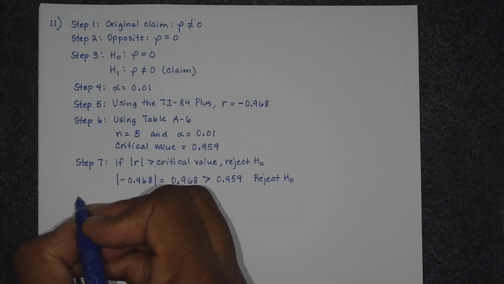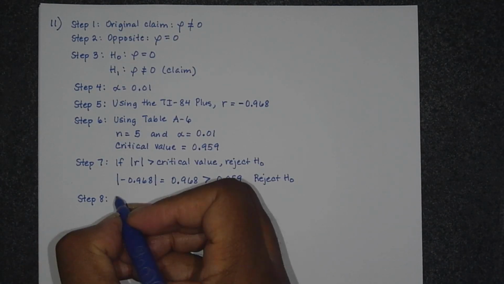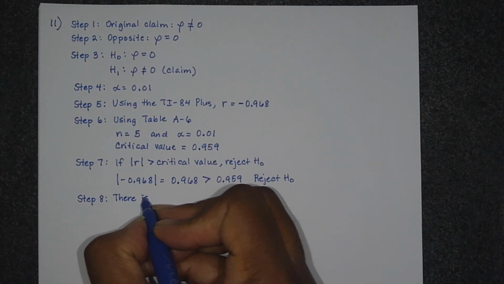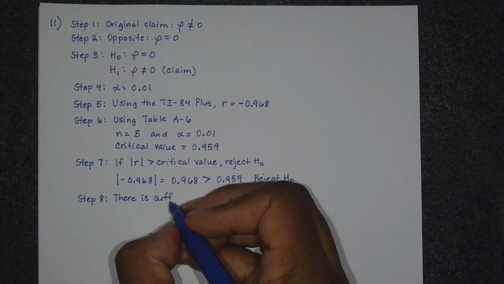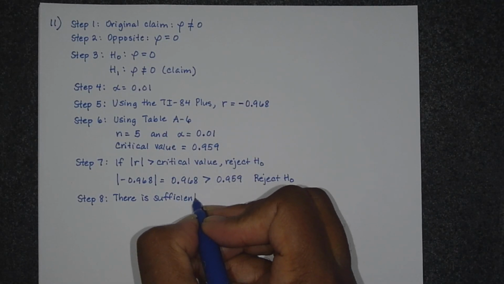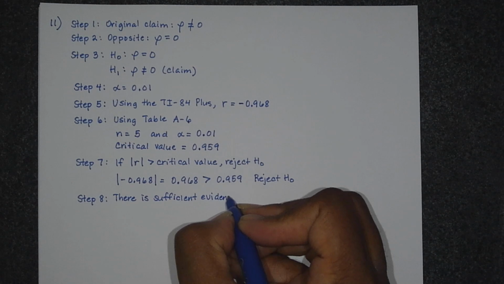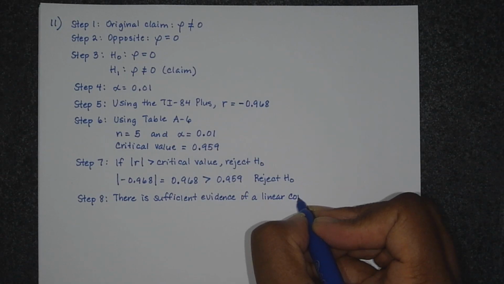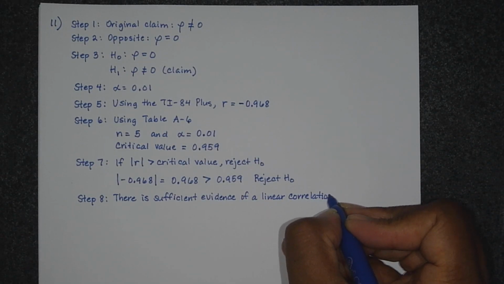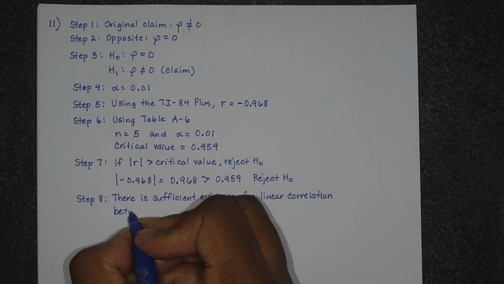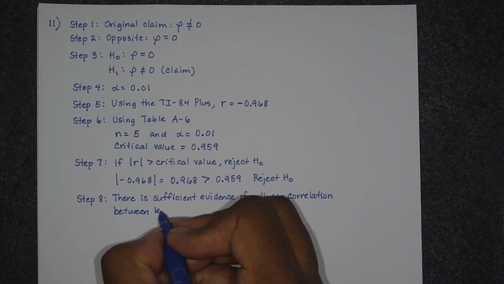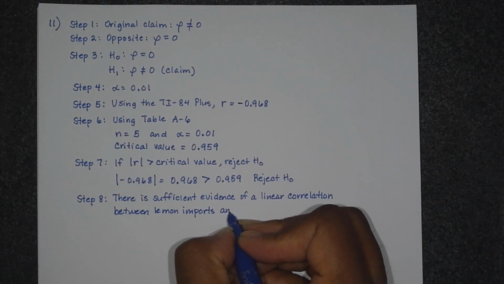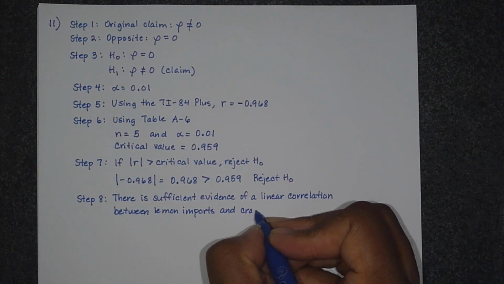And then if we reject the null hypothesis, that's saying that there is sufficient evidence, and I'll say this, that there is sufficient evidence of a linear correlation between lemon imports and crash fatality rates.